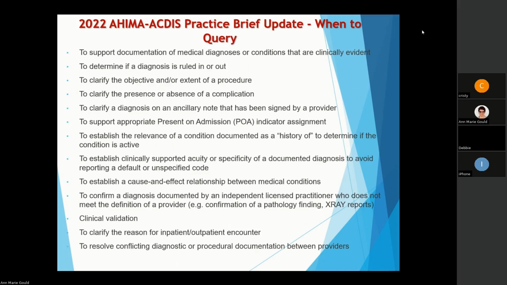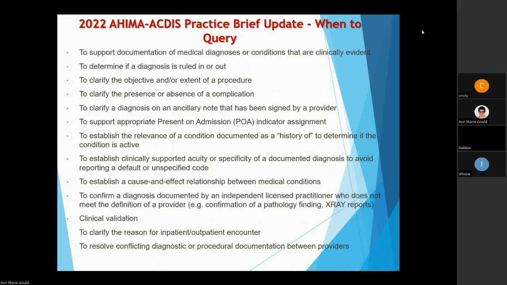To support appropriate POA indicator assignment, to establish the relevance of a condition documented as history of, to determine if the condition is active. If they come in with a history of PE but they're still on anticoagulation, is it a chronic PE, or did they develop a new, acute one? So you definitely want to keep an eye on that.